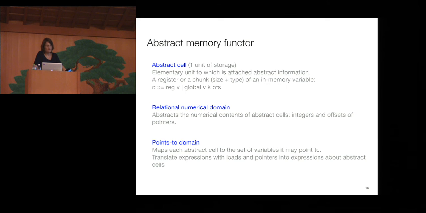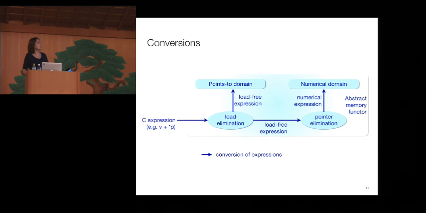So it receives C expressions, including memory loads and pointers. The role of this abstract memory Functor is to translate these expressions so that they can communicate with a lower level abstract domain where we have neither memory loads nor pointers. So the abstract memory Functor needs to perform some conversions.